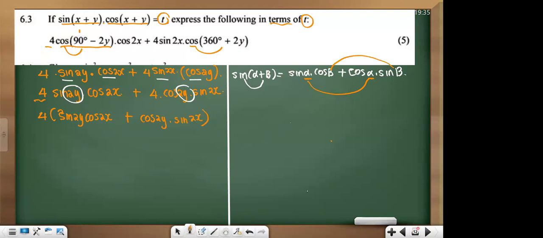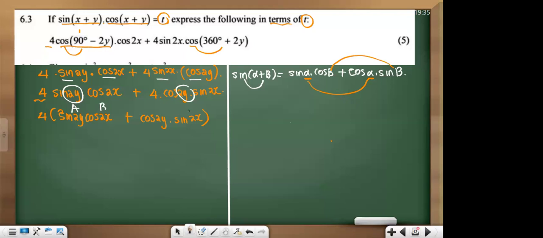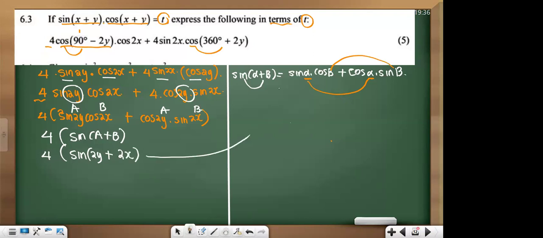This is A, this is B, this is A, this is B. So I can have 4 into sine A plus B. Sine of A is 2y plus B is 2x. I'm just using the illustration from the formula as it's given.